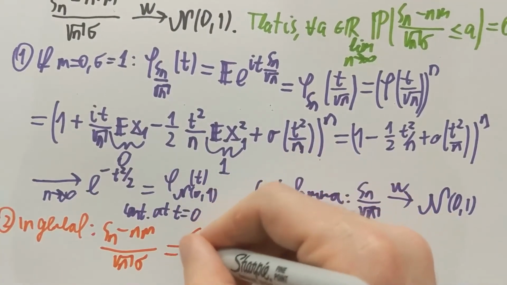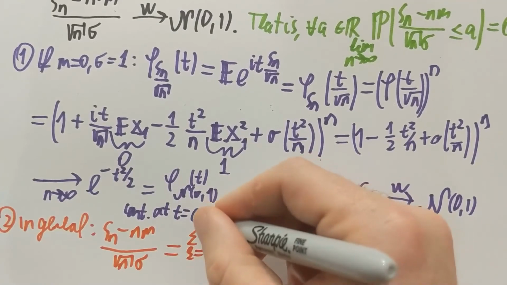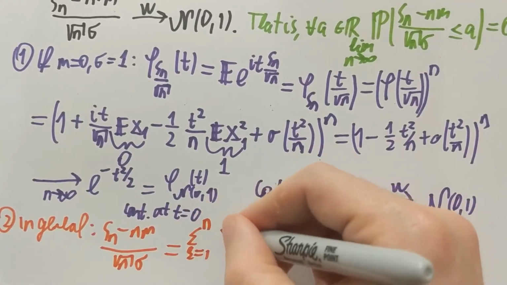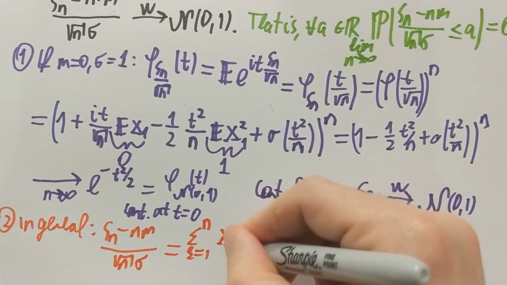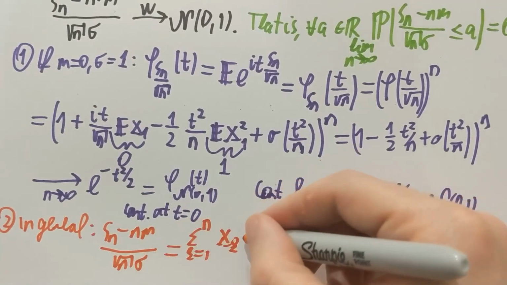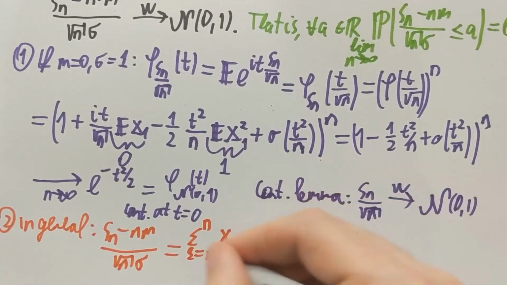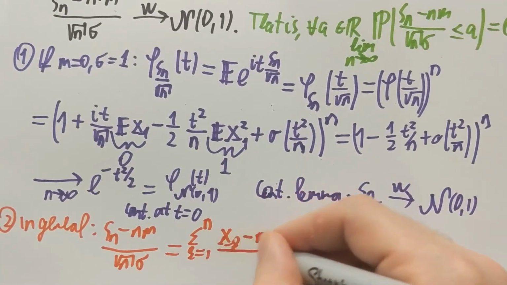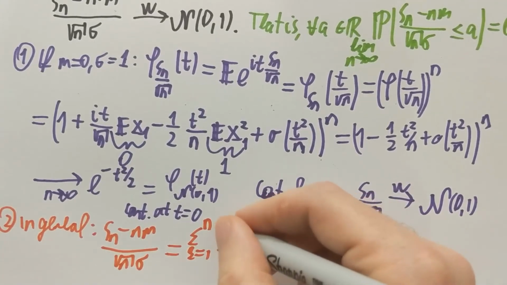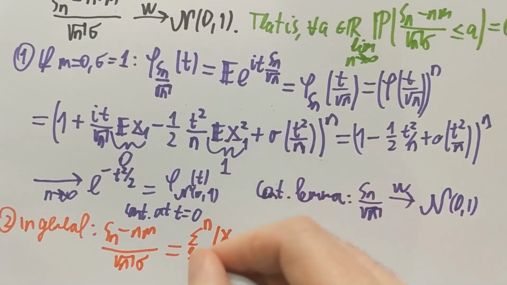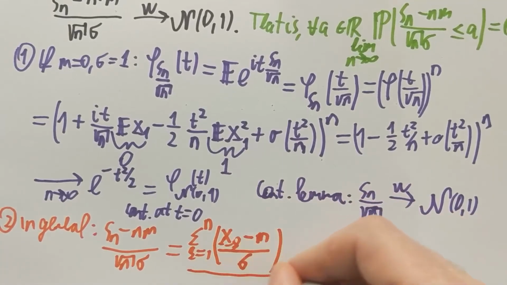This is the sum from 1 through n of the Xk, and I'm going to take this opportunity to bring the expectations inside this sum and divide by sigma. So looking at the sum of this thing, whole stuff over square root n.